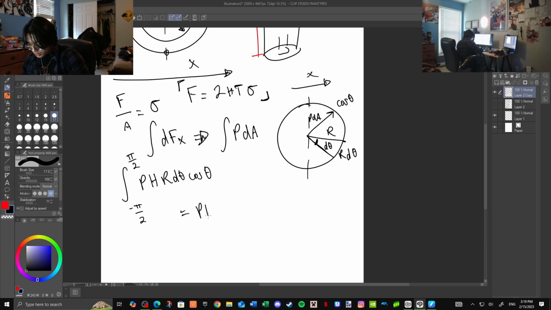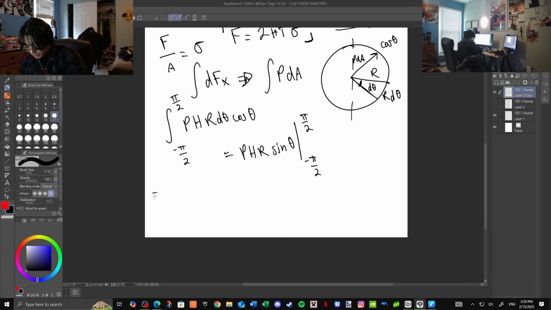P, h, r are all constants, so we don't need to worry about those. We don't need to change anything from that, but we do need to modify this part, d theta times cosine theta, and the integral of cosine theta would be just sine theta. In this case, the bounds of integration would remain the same.